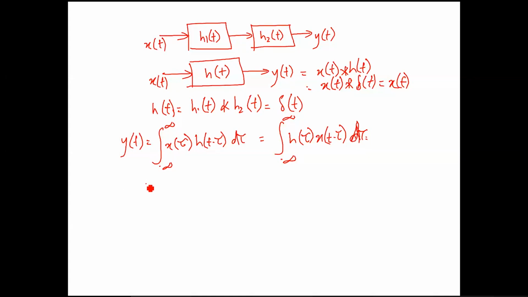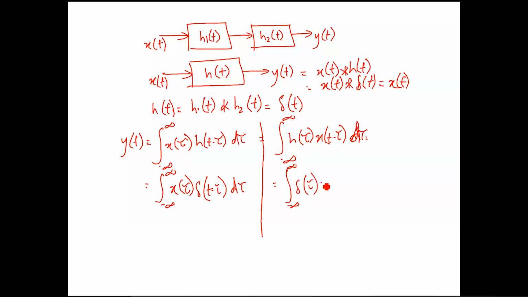If you plug in the values here, it will become the integral from minus infinity to infinity of x of tau, and h is delta, so delta t minus tau d tau. And if it was this other one, it would be delta tau x of t minus tau.